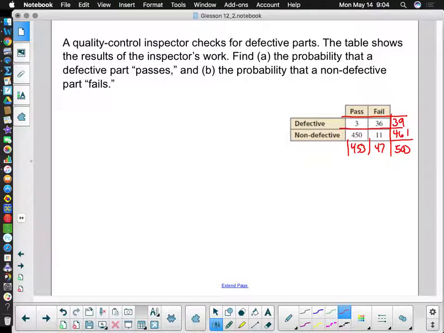Find the probability that a defective part passes. Okay, so the probability that it is defective and passes is the probability of defective times the probability of passes given defective.